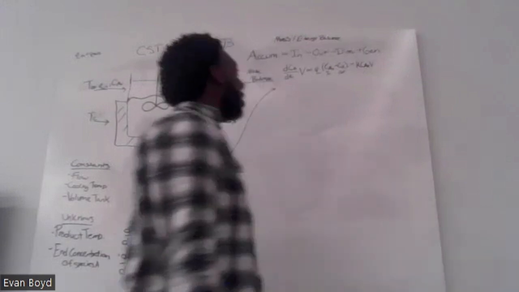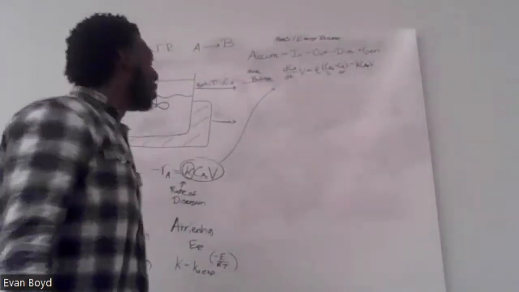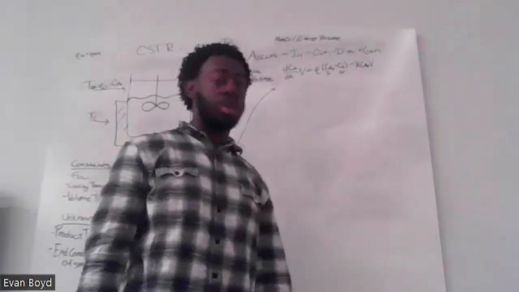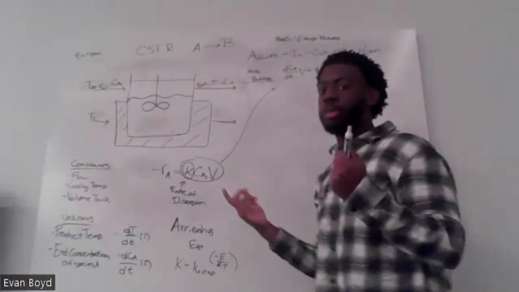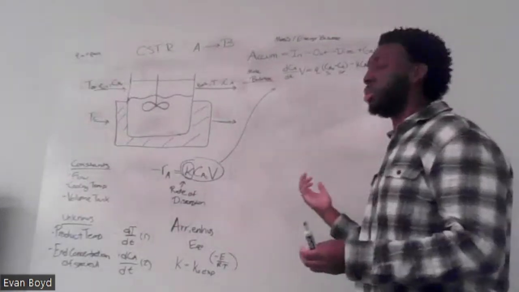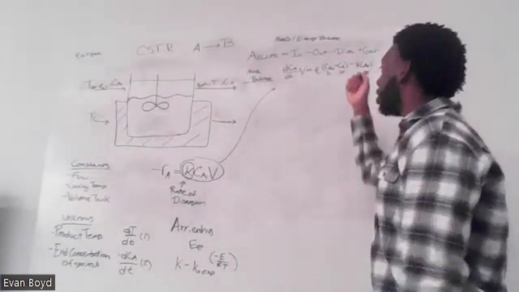And now last we have generation. We did not generate any moles here. We just used the moles that we had, from A to produce B. We didn't generate more moles, but we did lose moles from A. So we don't need a generation term for the mole balance.